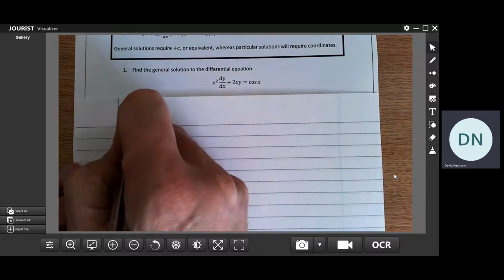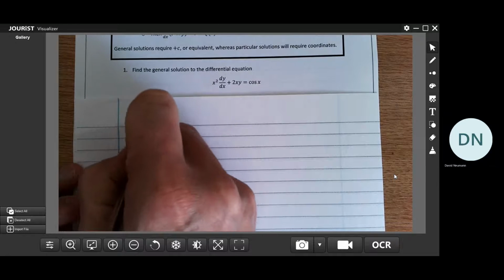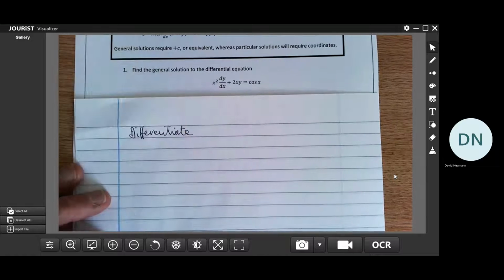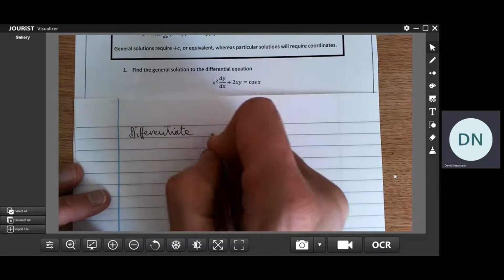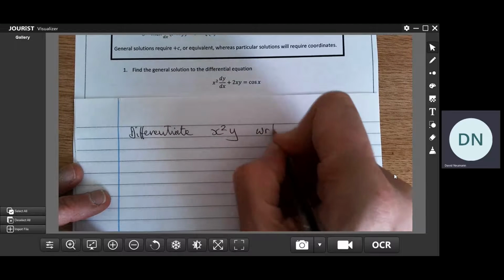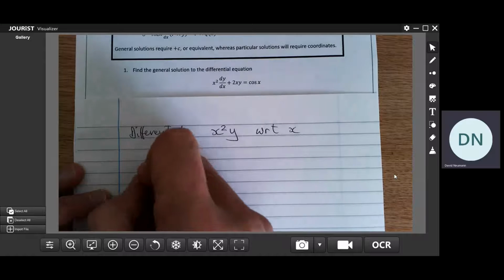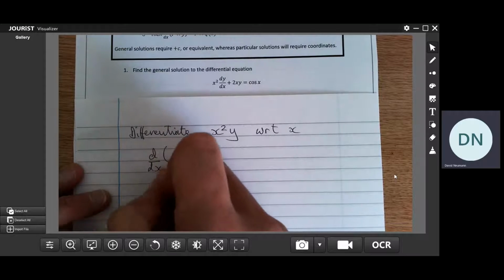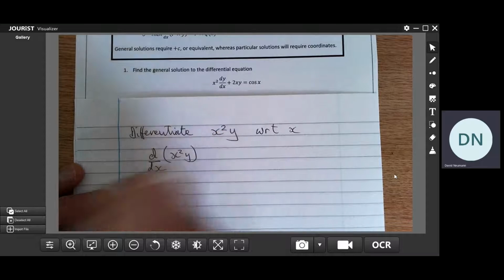if we differentiate x squared y with respect to x, so in other words, we're going to find d by dx of x squared y.